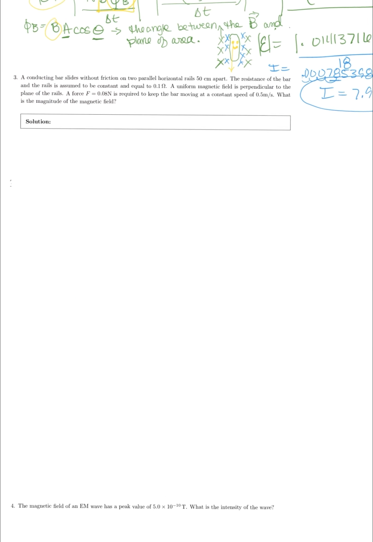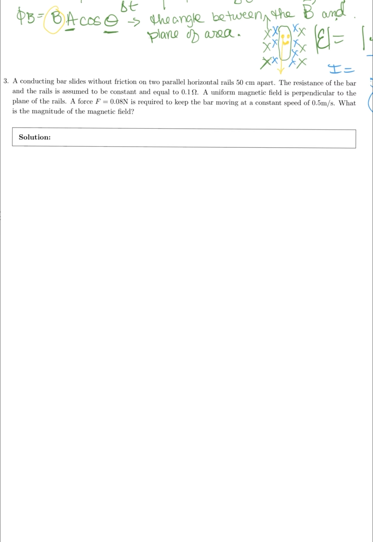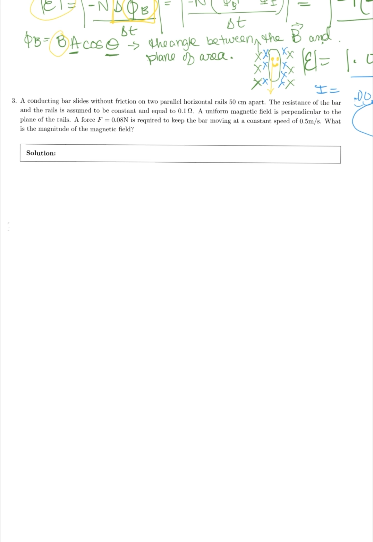Okay, so now let's look at the next one. So again, if your teacher asked you which way this current was induced, you would say clockwise. Right, here we go, because we're going into the screen. Yes, clockwise, because he would be going this way.